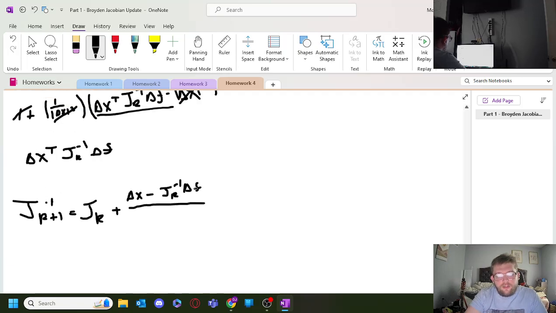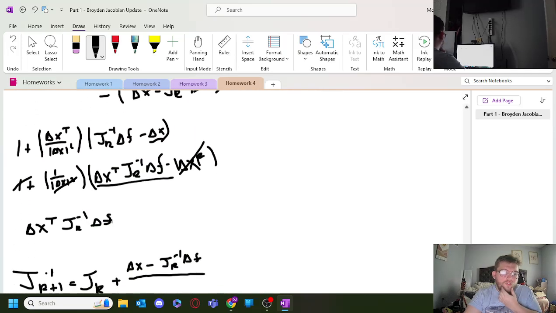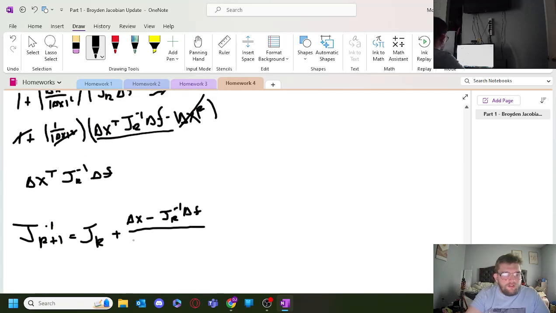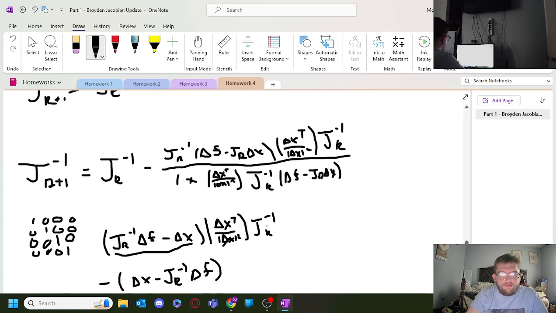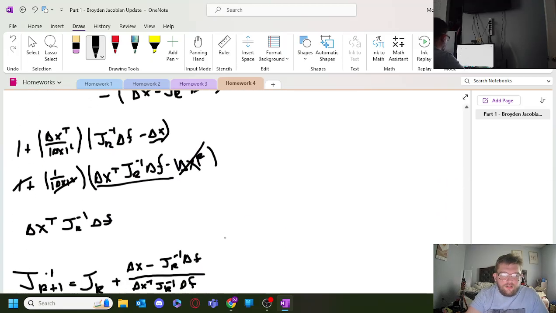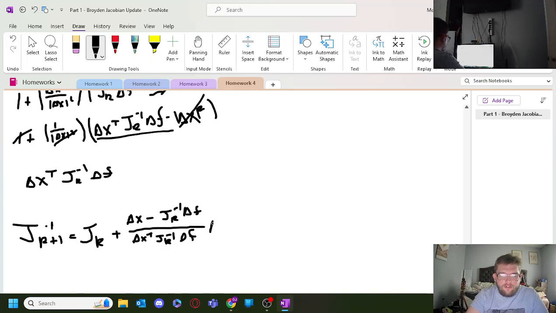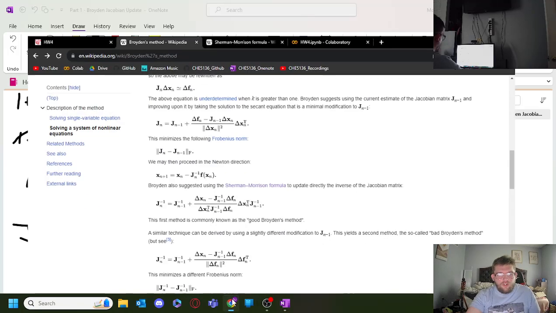All of that divided by, there it is, our change in x transposed, our inverse Jacobian, and change in f once again. And all that gets multiplied by these two terms here, delta x transpose and original Jacobian inverse.